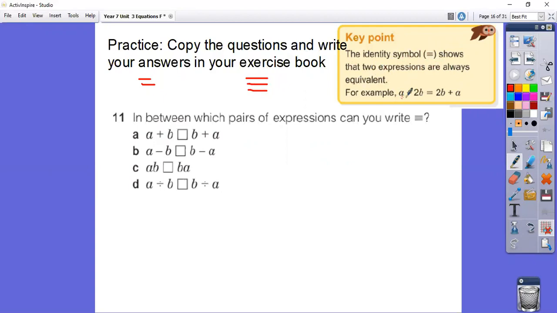So for example, a plus 2b will always be equivalent to 2b plus a. So in between which pairs of expressions can you write the identity symbol? So a plus b will always be equal to b plus a, but a minus b will not be identity equivalent to b minus a. It might help if you try some different numbers with them to see if it gives you the same result.